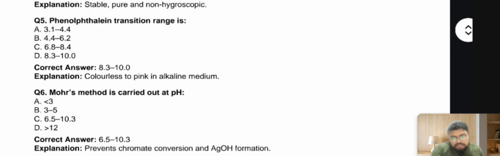Which pH range do we use to prevent chromate conversion and AgOH formation?